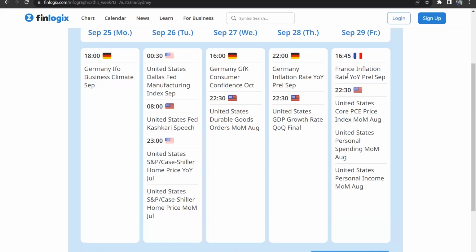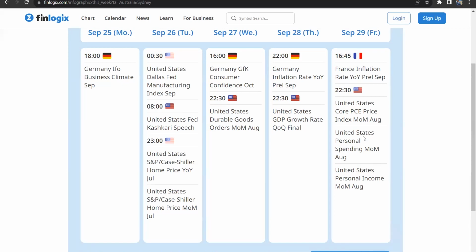And then on Friday, we're going to have a few important things. At 4:45, we're going to have the inflation rate for France. And then at 10:30, we're going to have the PCE price index, the core PCE price index month over month. We're going to have personal spending, and then the personal income.